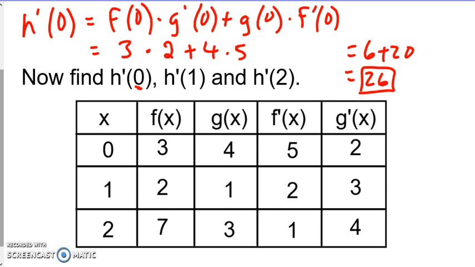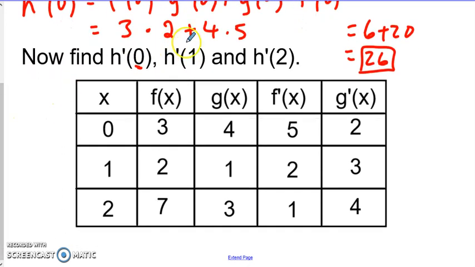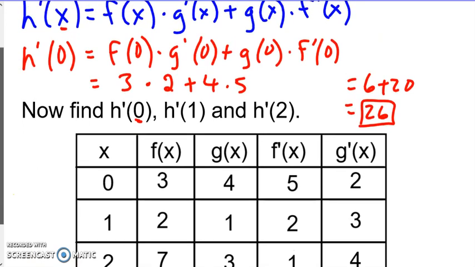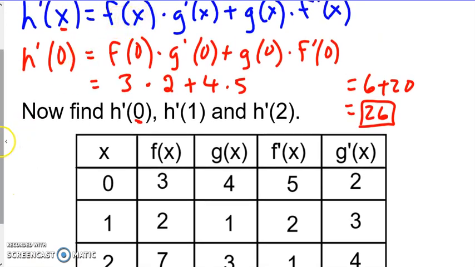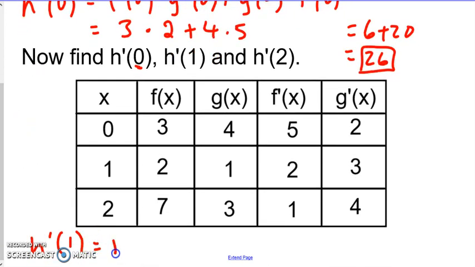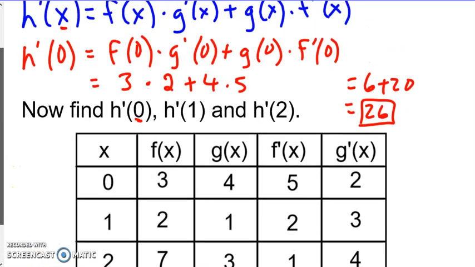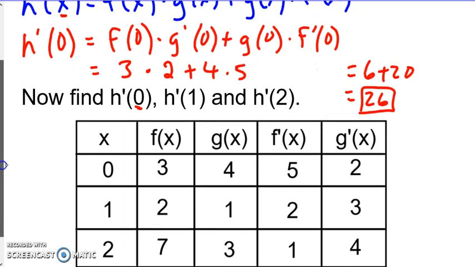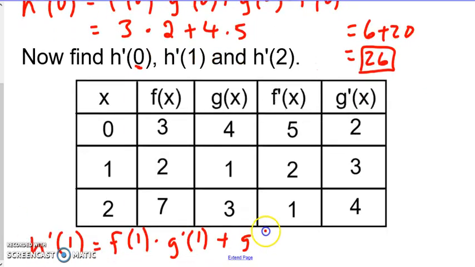Okay, so if we follow the exact same model to do h prime of 1, we're going to plug it into this right up here. So it'd be f of 1 times g prime of 1 plus, and again if you need to, sorry, I have to keep moving up, g of 1 times f prime of 1.